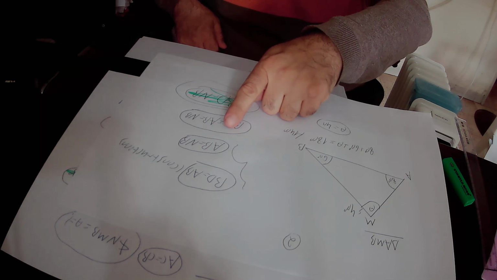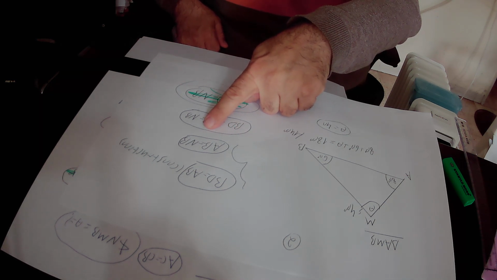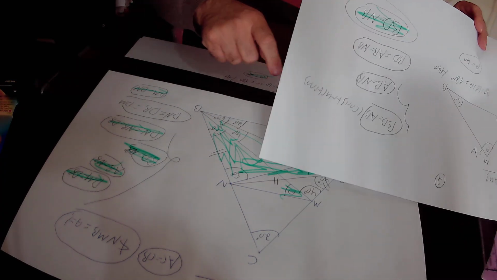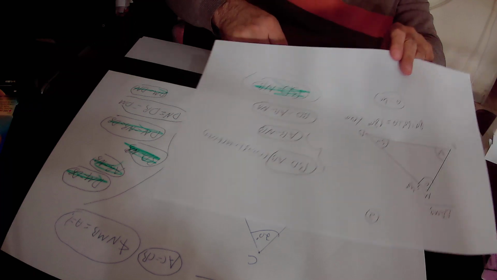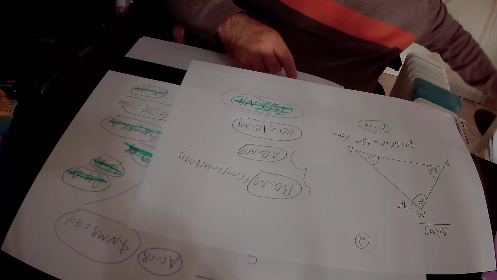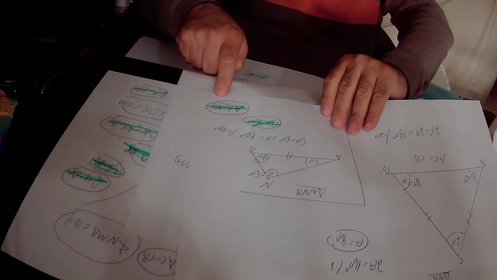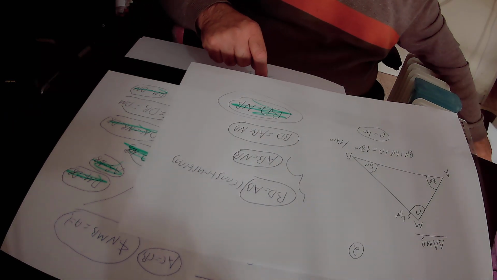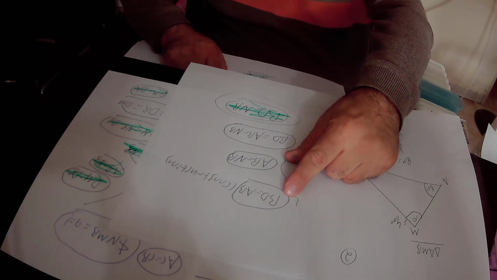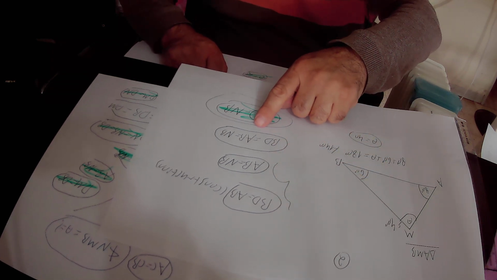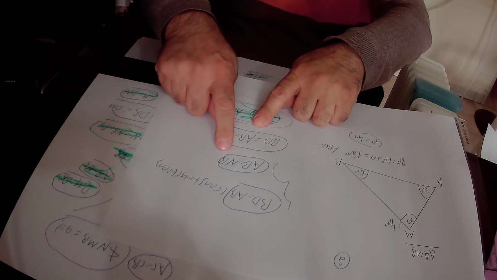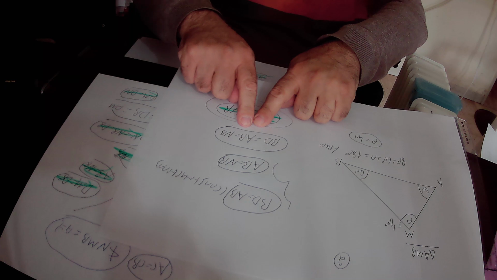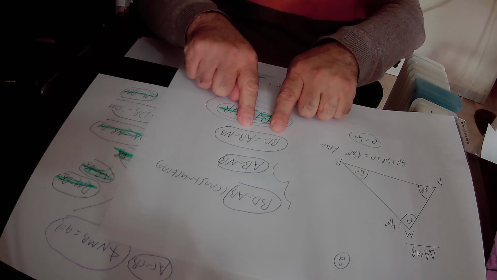We have already found out that AB equals NB. So from those two equations we derive that from one side AB equals NB, and from the other equation AB equals BD.